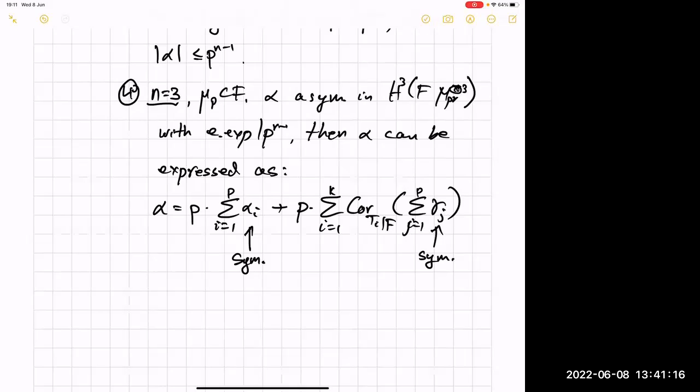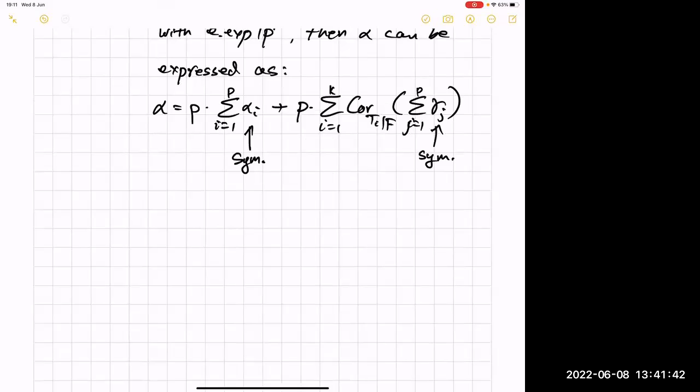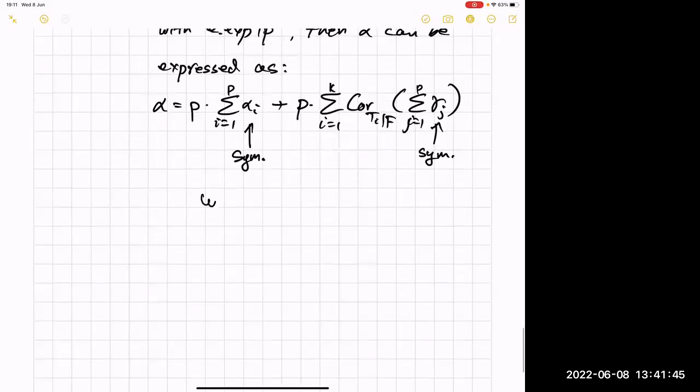The reason I'm writing it like this is that in H3 or in K3, we don't have this Rosset-Tate thing that tells us exactly how many symbols you need to express this co-restriction. So in order to get a real bound, I needed to compute the co-restriction from K3 of a field extension. Let's say something about these fields, the Ti's: the sum of their degrees is at most p minus 1.